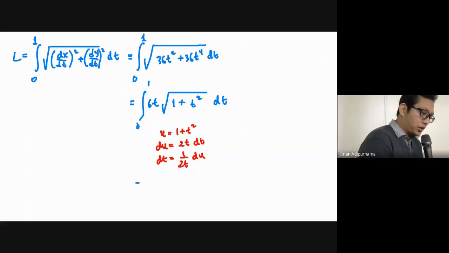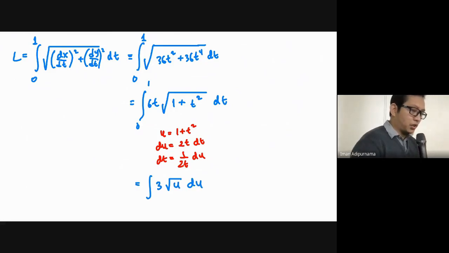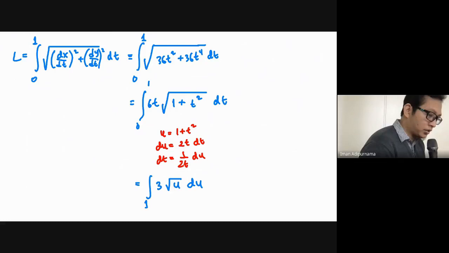So it will be 3 square root of u du, and u is from 1 to 2.